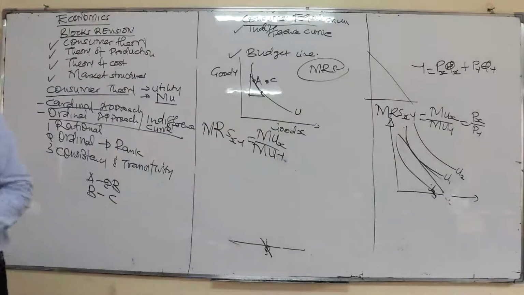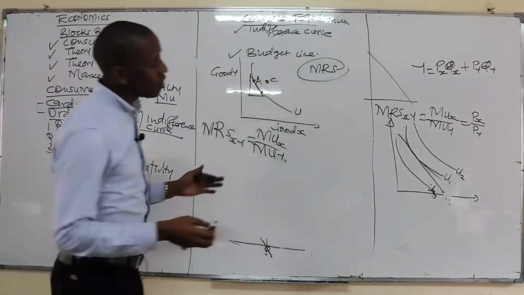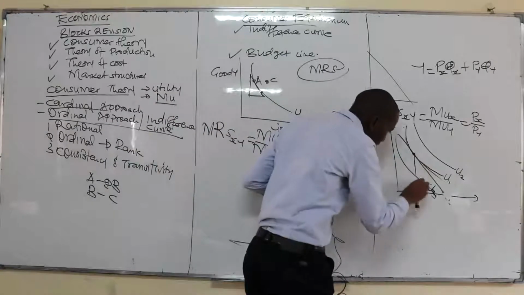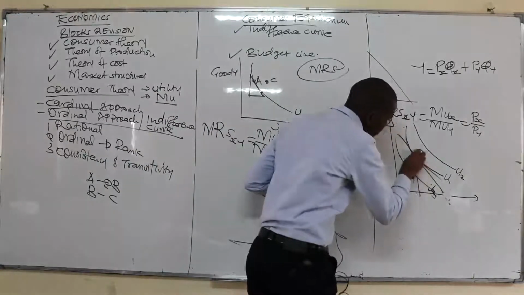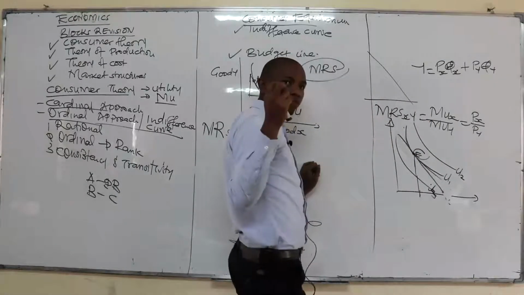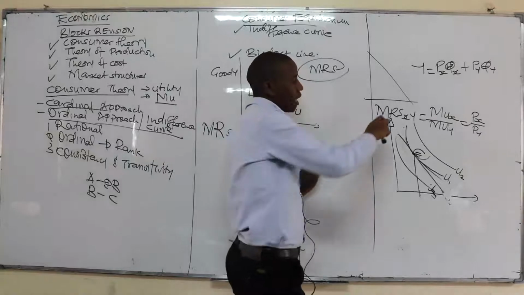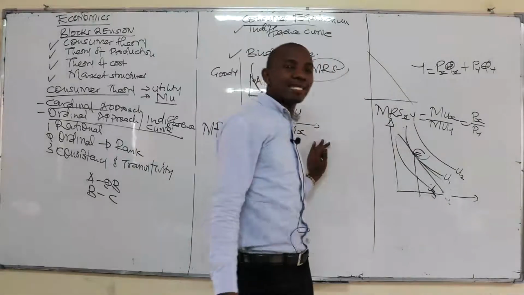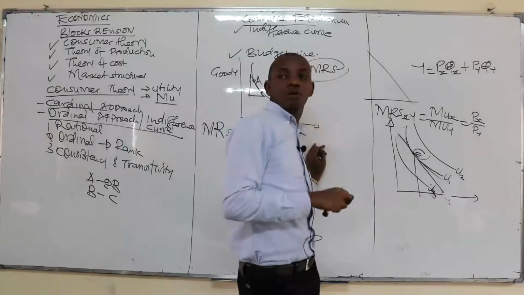It means that for the commodity that the consumer will have to consume to be at equilibrium, it is at that point. Because in that case, two conditions must be fulfilled. One is that the marginal rate of substitution should be equated to the ratio of the commodity prices.